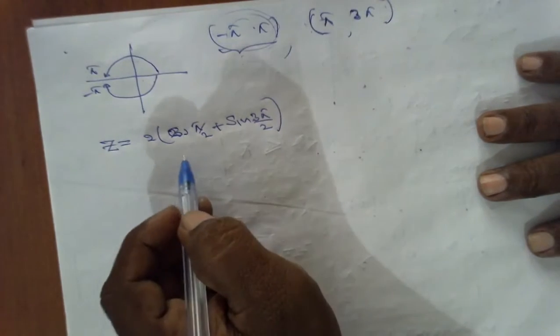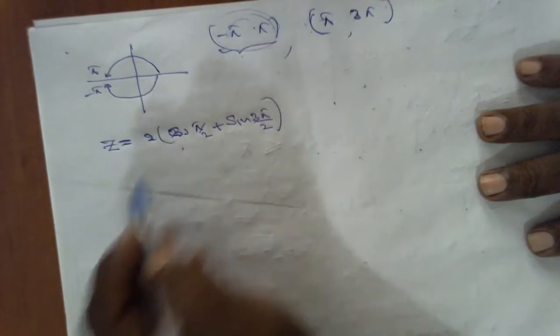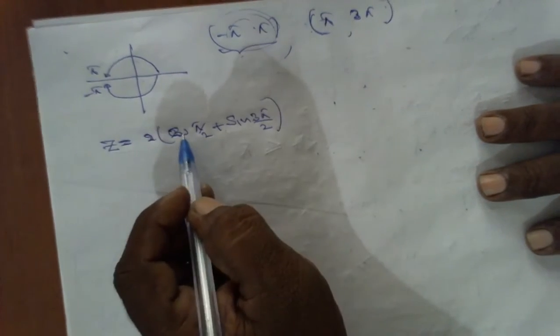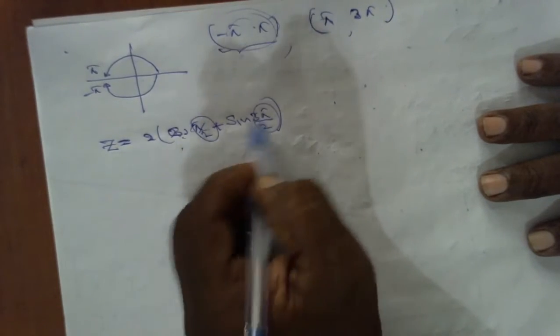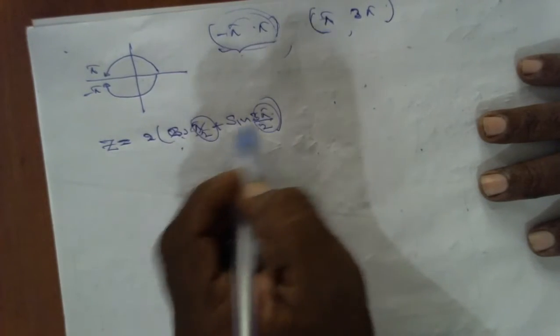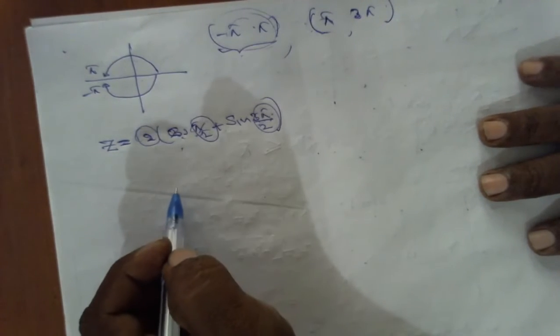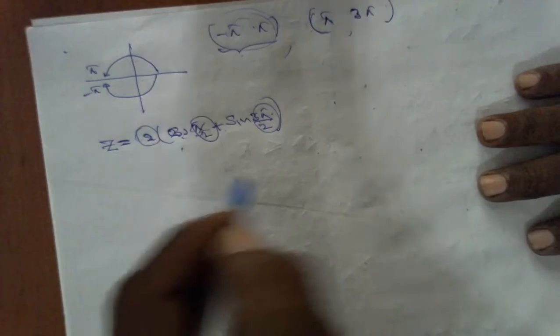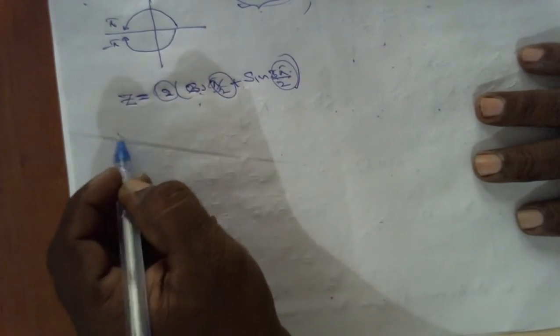Is this the polar form of a complex number? This is not a polar form, because here is cosine, here is sine, but these angles are different. There should always be the same angle here and here if it is polar form. Here should be a positive number, right? Like this, it is not the polar form.